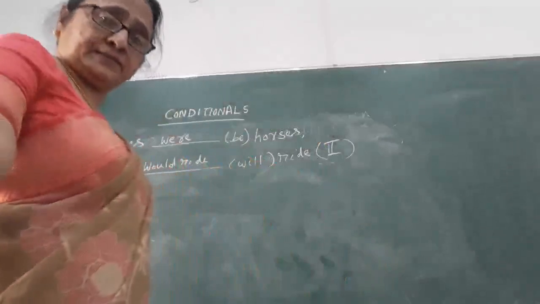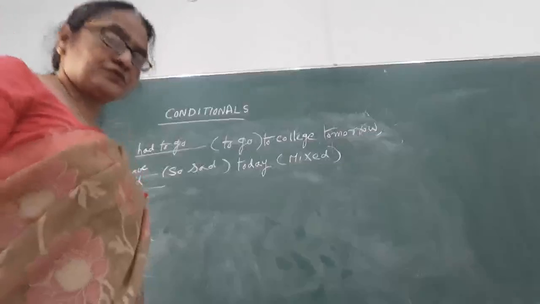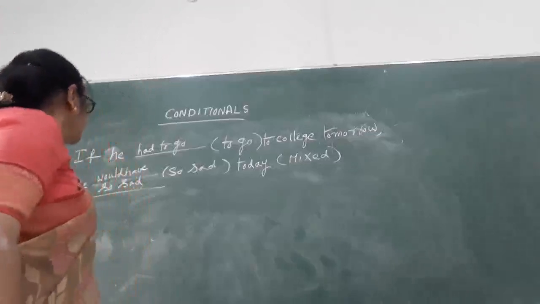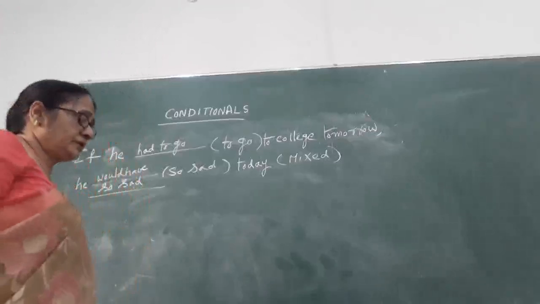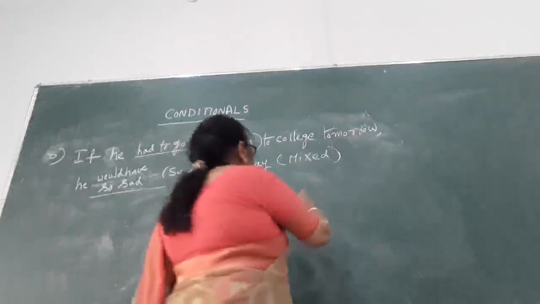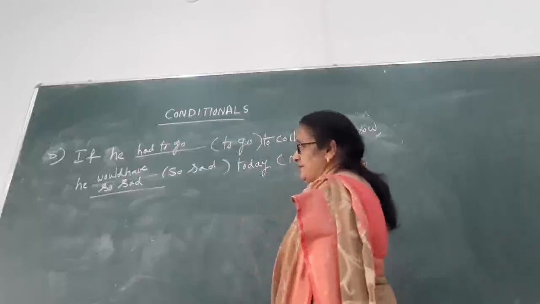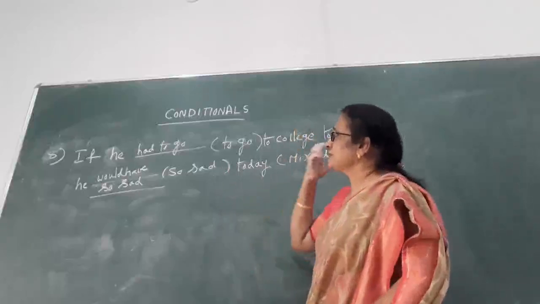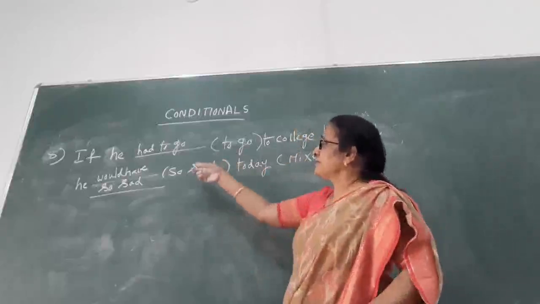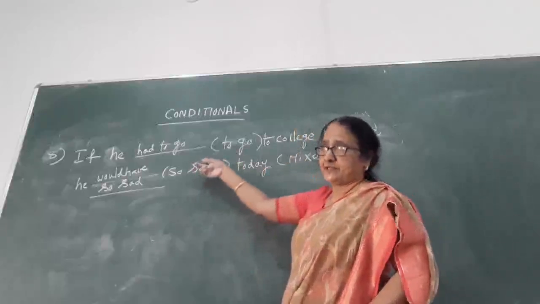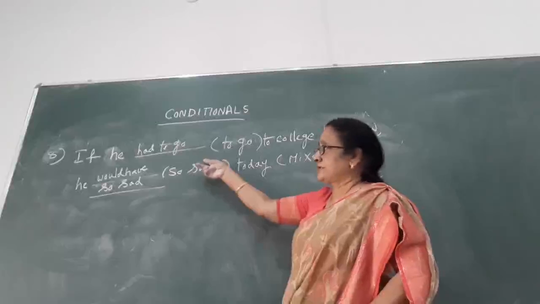Then I will explain. So students, now see the eighth bit on the board. You have to write the mixed conditional. In the mixed conditional, the if clause will be past perfect, mixed conditional or third conditional also.